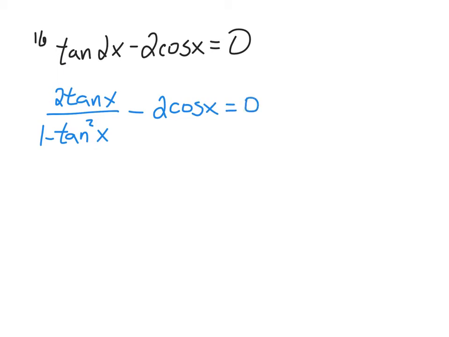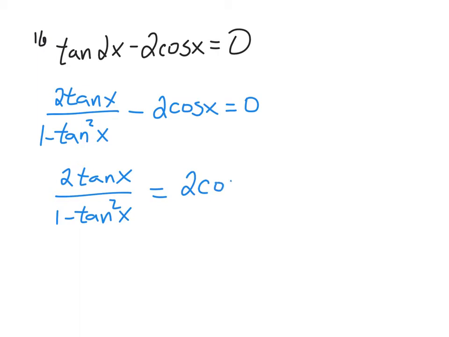Okay, and this still looks pretty complicated, and all we can do is just try some things out and see what happens. I'm going to add the 2 cosine of x to the other side. So again, while I'm doing this, don't get frustrated on these. It just takes practice and experience to know the probable quickest option. That doesn't mean you're always going to get it.